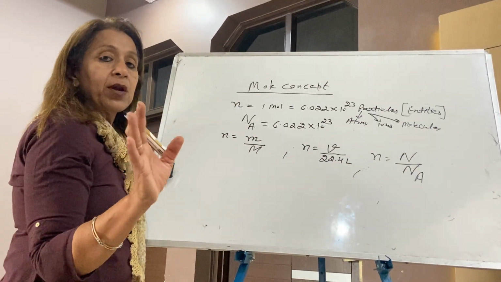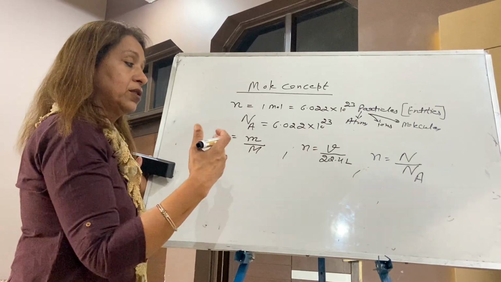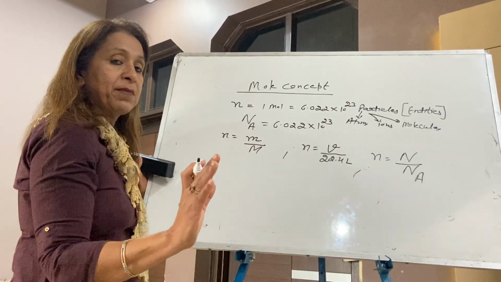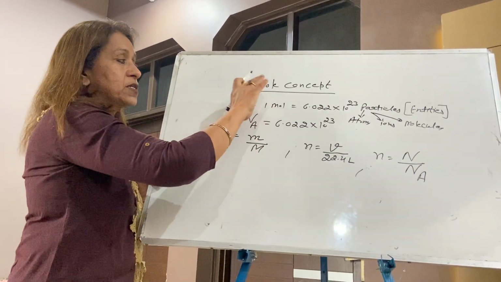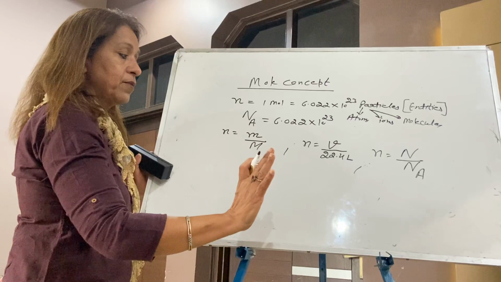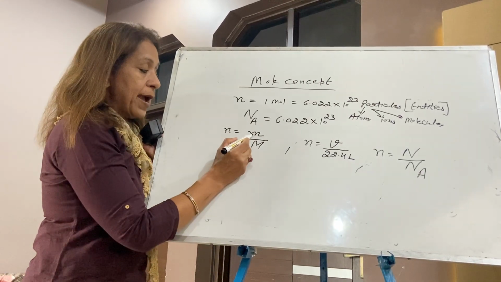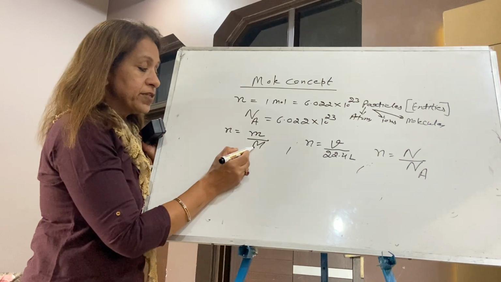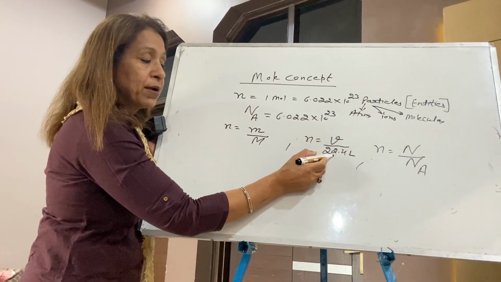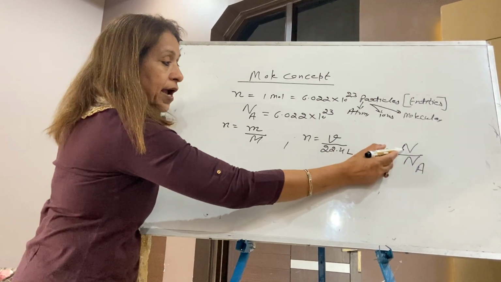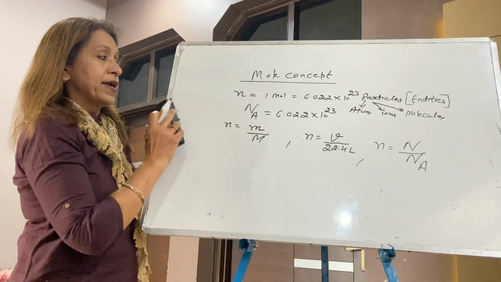I will take 3-4 numericals, and after that I will give the same type of numericals. If you succeed in solving them, your basics of the mole concept are clear. Here small m is the mass of substance, capital M is the molecular mass, 22.4 liters is the fixed molar volume of 1 mole of any gas, and Avogadro's number is for atoms, molecules or ions.